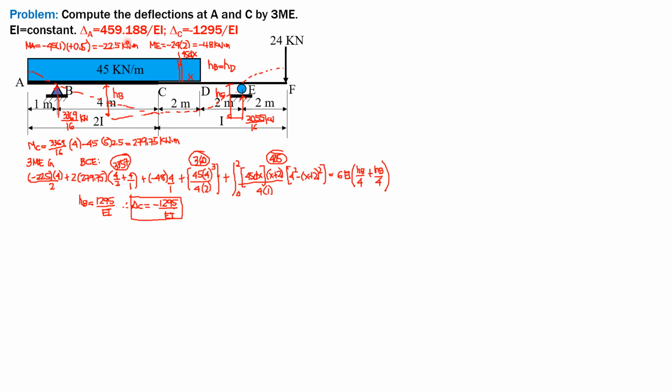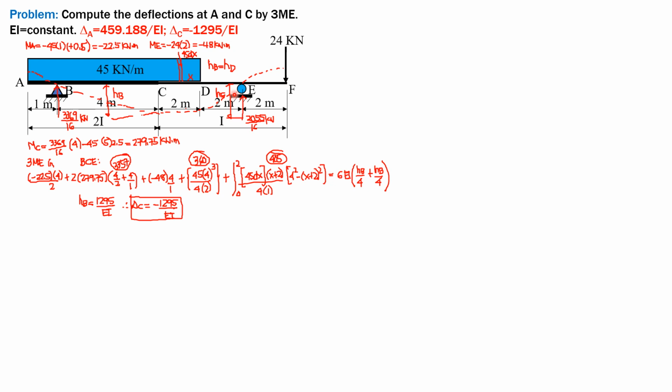EI is constant. Because the beam is determinate, although ABC has moment of inertia 2I and CDEF has moment of inertia I, I will leave to you, my students, the deflection at D and the deflection at F. We already solved this by the basic and by energy method.